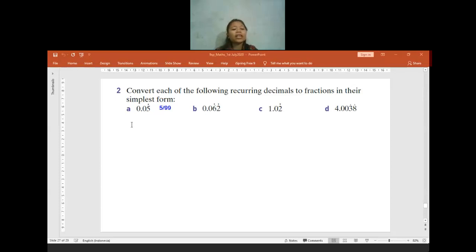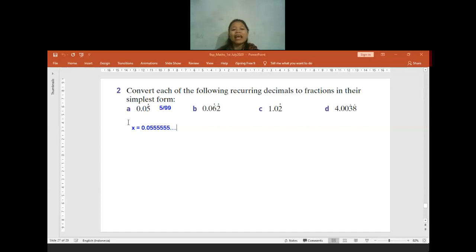Okay, what is x? X will be equal to 0.055555..., like this, isn't it? And then how many digits are repeating? Is it 1 digit or 2 digits? 1 digit.